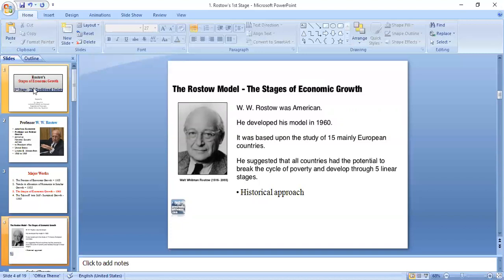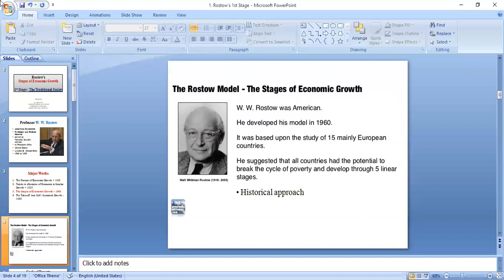It can't skip any stage, but has to go step by step. If the country or a place goes through these stages, then it can obviously break the cycle of poverty and come out with good potential of economic growth, or reach the optimum level of its development.